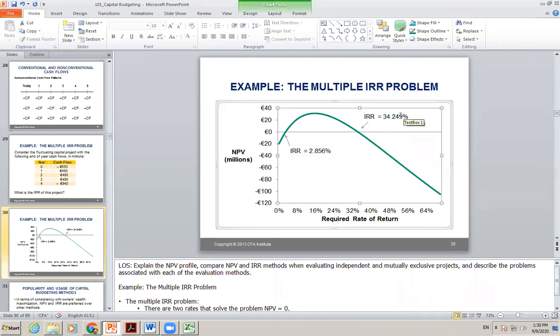If you compare two different projects, yes, you can take the highest IRR in comparison to another project. But if you're talking about the same project, you cannot say that I'm going to select the highest IRR in the same project. You don't know which one is the true one, because both give you an NPV equal to 0. So this is why it's the biggest problem of the IRR, and that's why it cannot be relied on as much as other criteria.